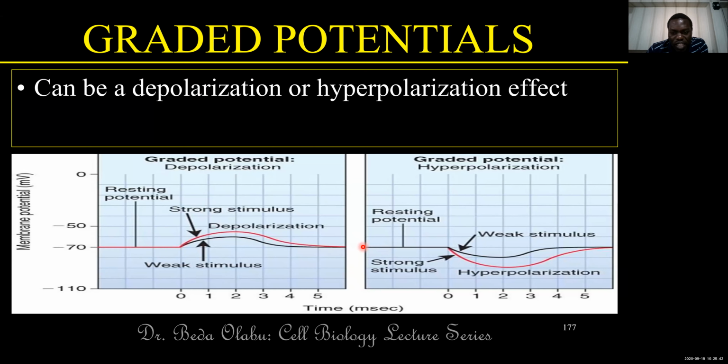But if the resting membrane potential was at negative 70, and you have a stimulus that makes it even more negative, we use the term hyperpolarization, to mean it's making it more polarized. So graded potentials can either be a depolarization effect or a hyperpolarization effect.